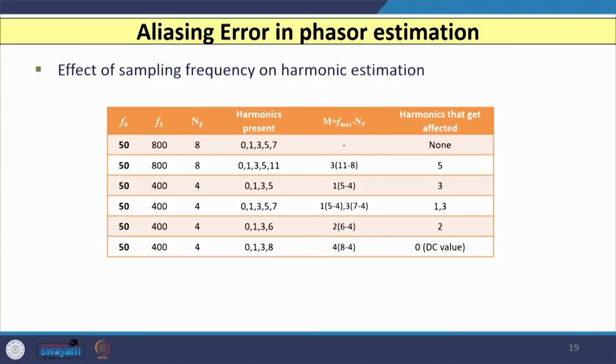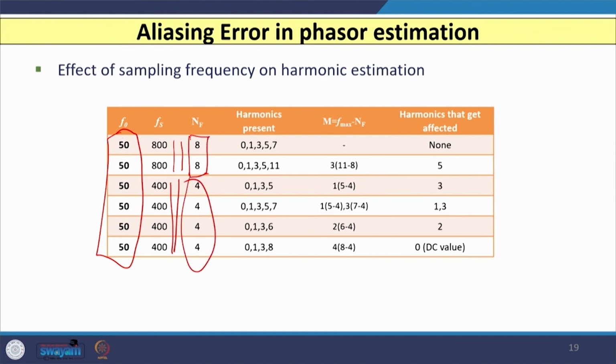If I consider different values of sampling frequency, here I have considered two sampling frequencies, in one case 400 hertz, in another case 800 hertz. The fundamental frequency I have considered the same, 50 hertz, and accordingly NF comes out to be 8 and 4.